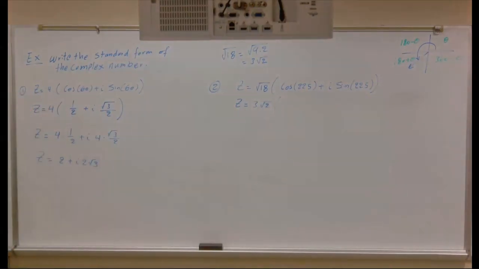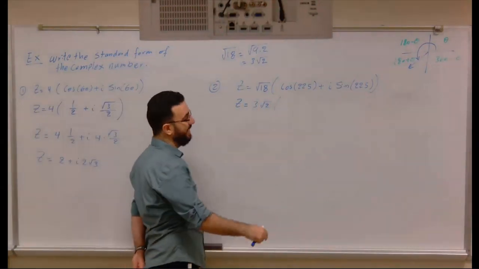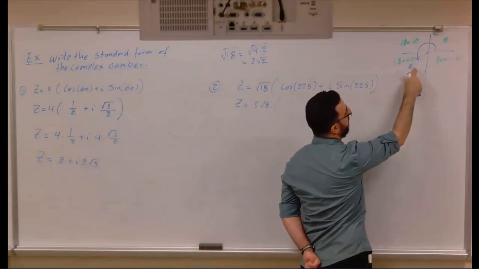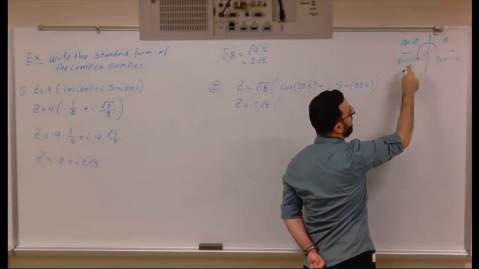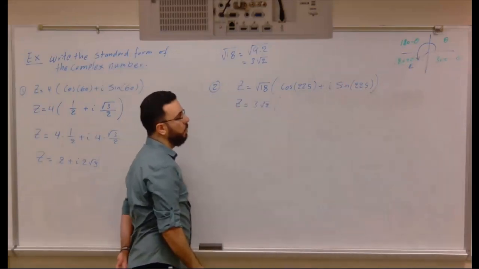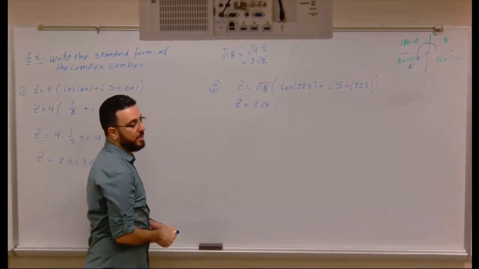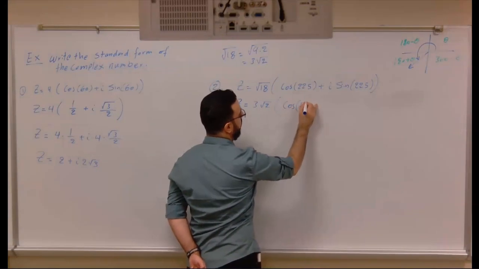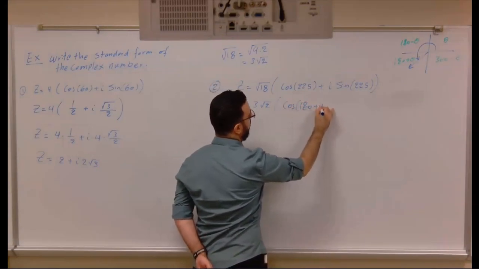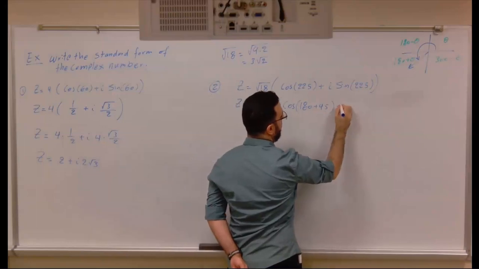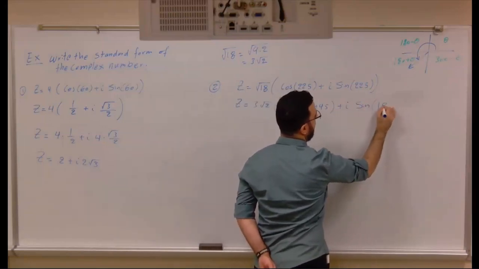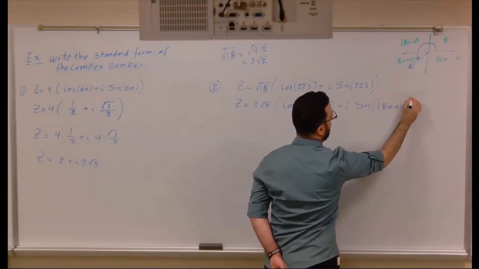Or did you just vanish? So that means 225, in the third quadrant, is going to be 180 plus which angle? 180 plus 45 is going to be 225. So this one is going to be cosine 180 plus 45, plus I sine 180 plus 45.